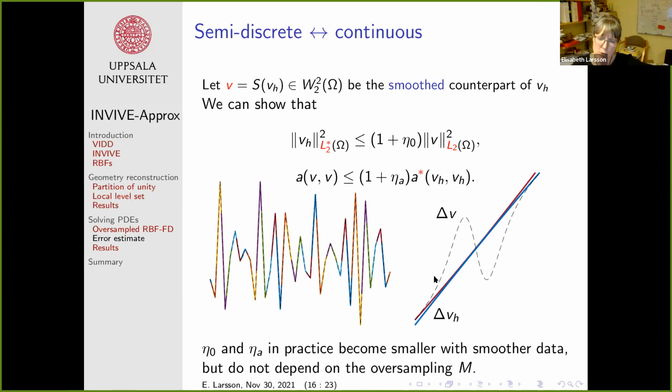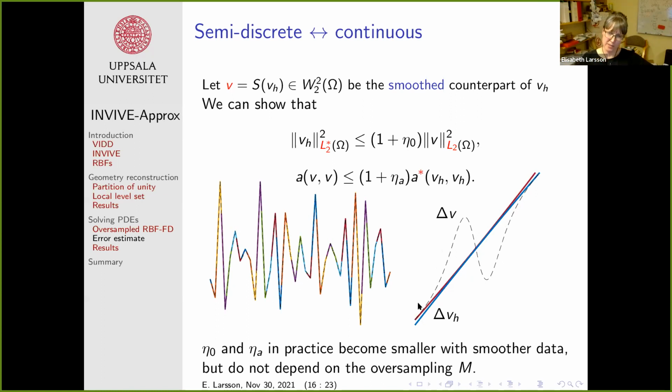So we use partition of unity as an argument. We take a function which is discontinuous in the sense that we have the red one, we have the blue one, and they don't exactly meet each other smoothly. And then we add this partition of unity blending, which is a little wiggle.